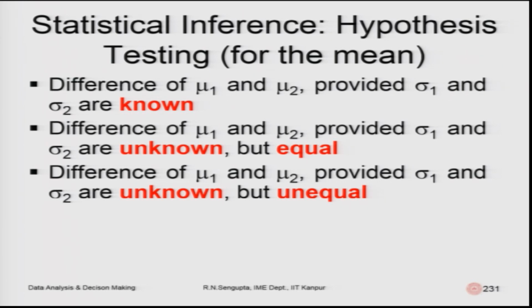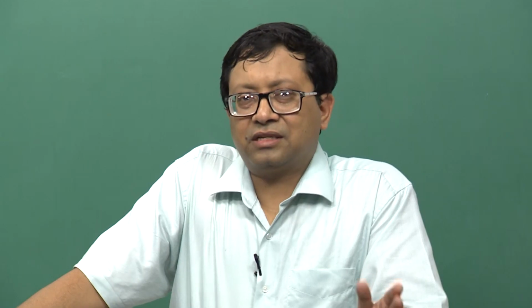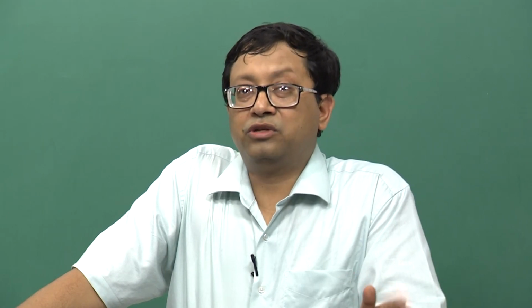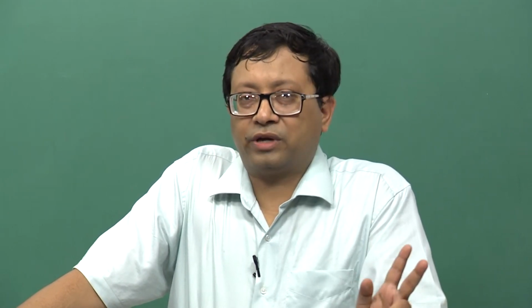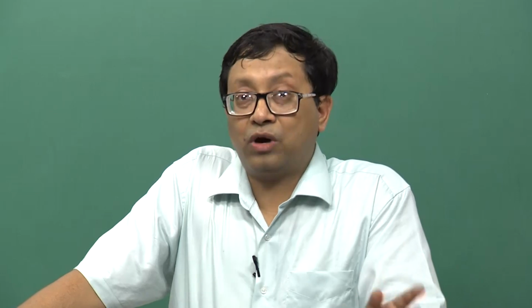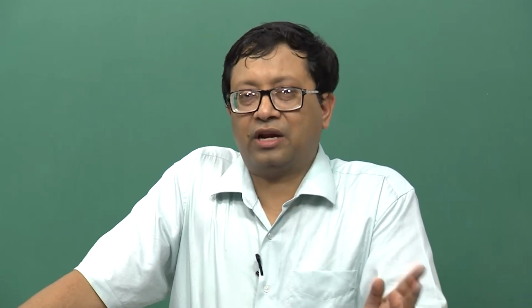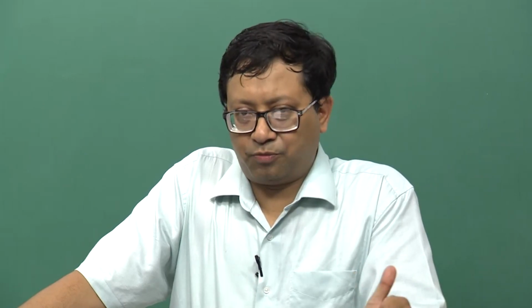In that case the z distribution will be ruled out, and you will use the t distribution. In the t distribution, when there was only one population, you lost 1 degree of freedom, but in this case, as you have two populations, you will lose 2 degrees of freedom. So, t would have the suffix n 1 plus n 2 minus 2, where n 1 and n 2 are the sample sizes from population 1 and population 2.